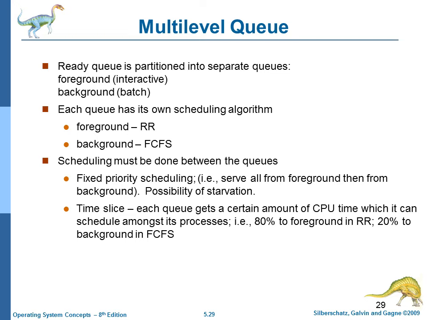Note that under this algorithm, jobs cannot switch from one queue into another. Once a process is assigned a queue, that is its queue until it finishes its work.